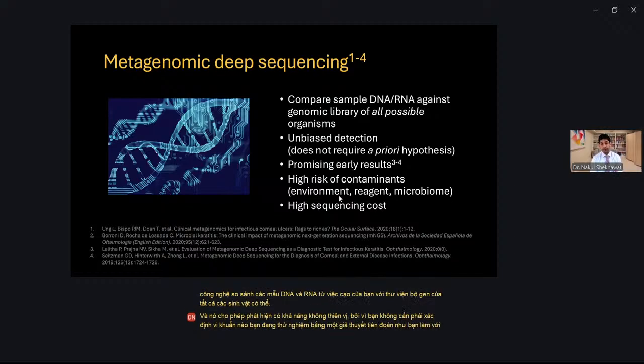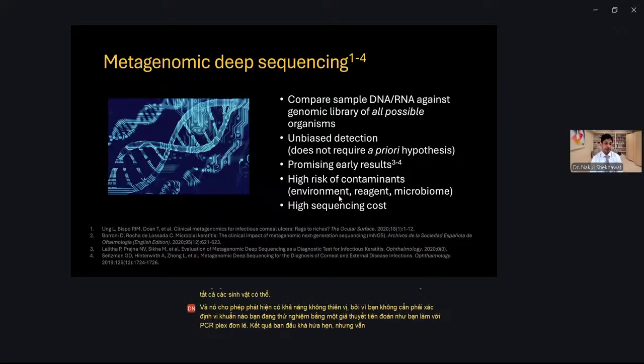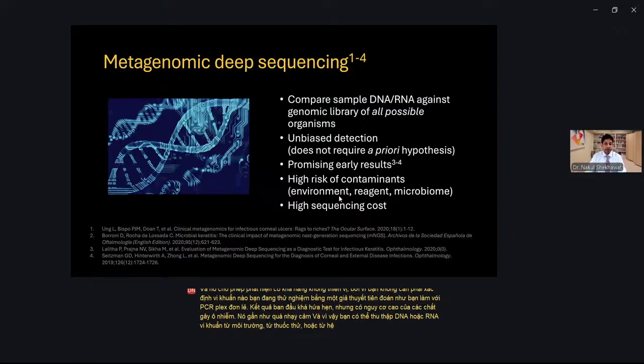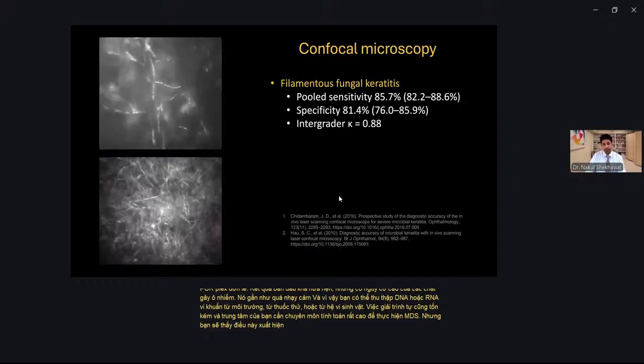Early results are quite promising, but there is a high risk of contaminants. It's almost overly sensitive. And so you can pick up microbial DNA and RNA from the environment, from the reagent, or from the microbiome as well. And there's also high cost associated with sequencing, and you also have very intensive computational expertise that's needed in your center in order to be able to perform MDS. But you'll see this coming up more and more in future years.